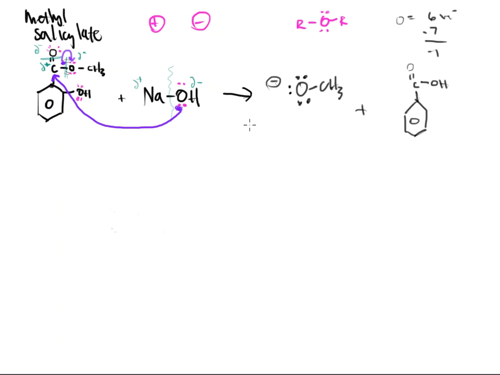But that's okay, because that sodium is going to hang out with this OCH3 that just got kicked off. This sodium methoxide is going to form a compound, kind of like a salt, sodium chloride. It breaks up in water, right? So this is very, very similar. So that's the mechanism of this reaction, and that's how it works.